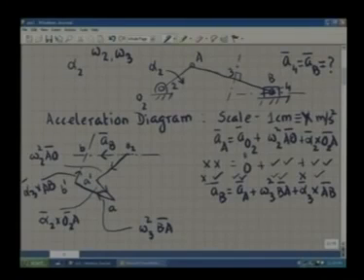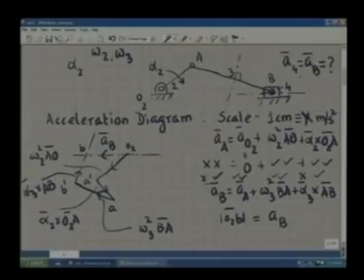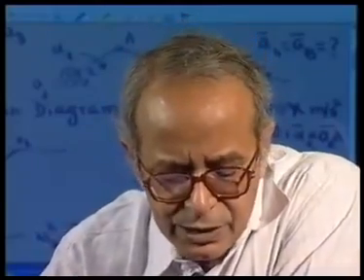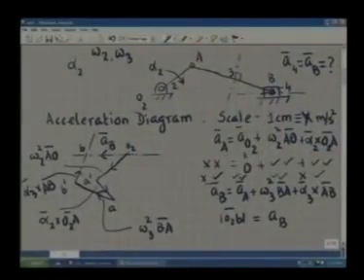So we have completed the acceleration diagram, and using the scale of the diagram I can find O2B as acceleration of B. The magnitude of O2B is the magnitude of the acceleration of the point B, or that of the slider. If this diagram is correct, then acceleration of the slider at this particular configuration is towards left, because O2B is towards left.